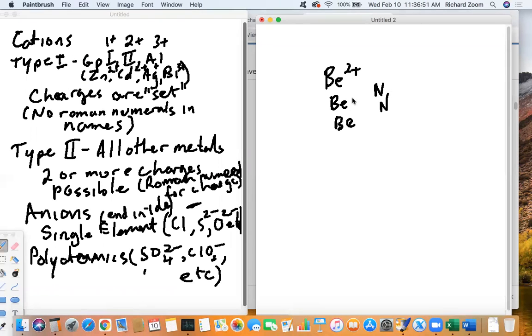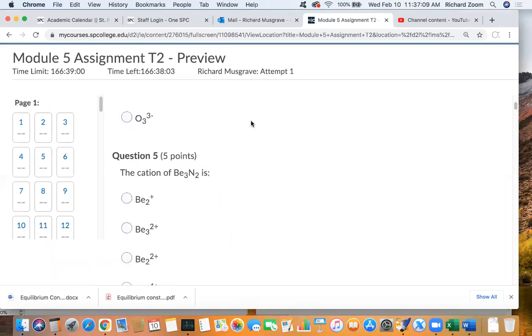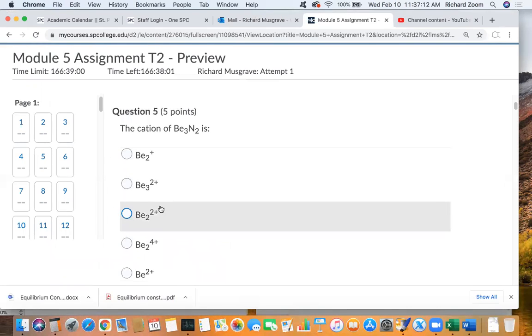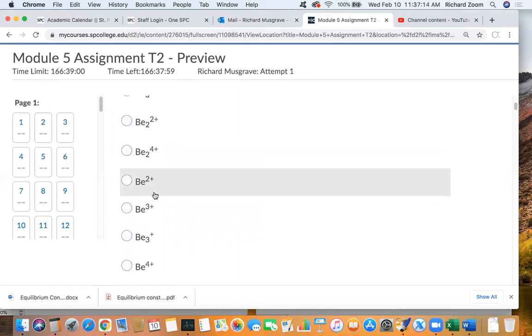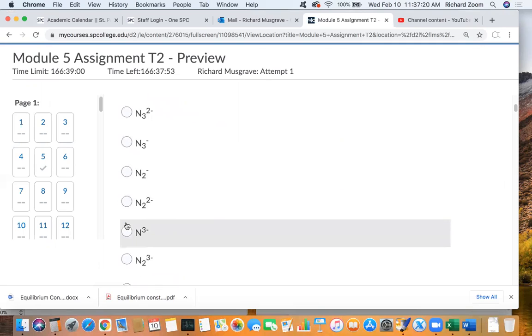It's going to be 2+ because it's in group 2, but it's also 2+ because that's what balances out the 2 N3 minuses. So the cation, the answer would be Be2+, the anion would be N3 minus. And that would be the choice you would make on each of those. So you have to find the correct one here. So that would be that one for Be2+, and N3 minus, and this one down here.